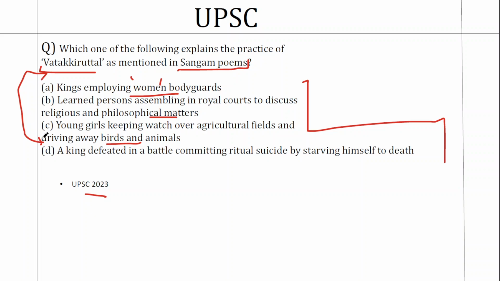Whenever there is a time period in history where women were given prominence, we study it specifically, and we don't have anything that specific from Sangam literature, whether about women bodyguards or about girls watching fields. In that regard, these two options will have less weightage in consideration.